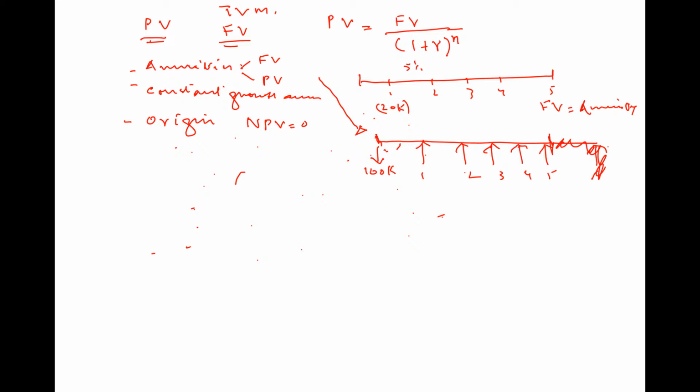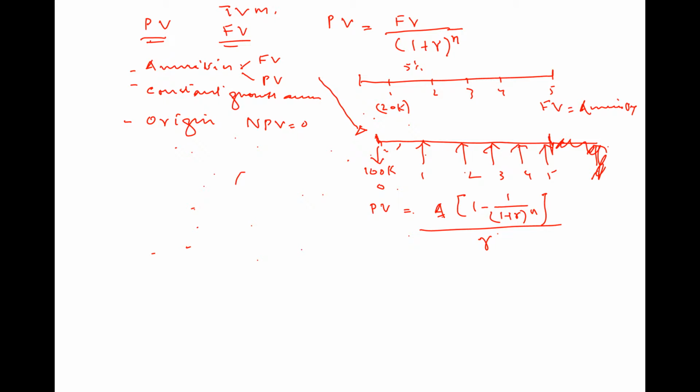This is period 5, and we are living in time period 0. I need to make 5 equal payments to the bank for the loan that I've drawn at 10% interest rate. So what I would do is I would use the present value of annuity formula, which is, let me write it down, 1 minus 1 upon 1 plus r power n, divided by R.